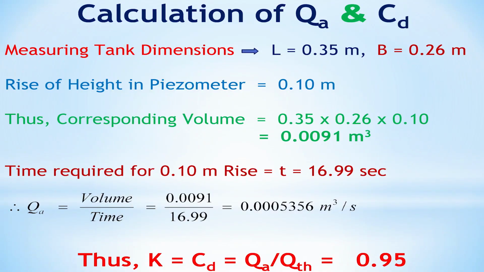Now this is how you can have different discharges. First of all, you have to measure the mercury difference in the differential mercury manometer. Then you have to measure the actual discharge by measuring the time required for collection of a specified volume of water.